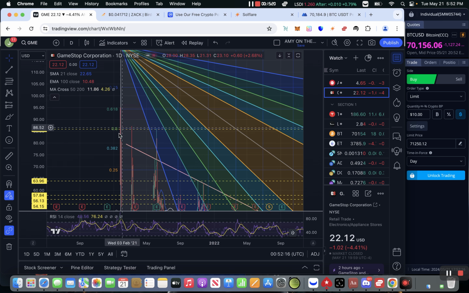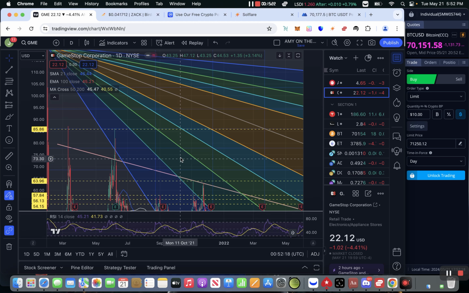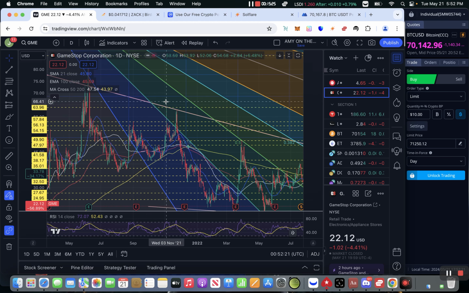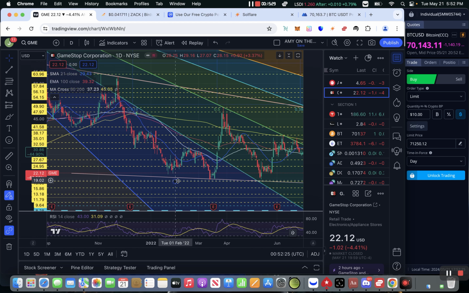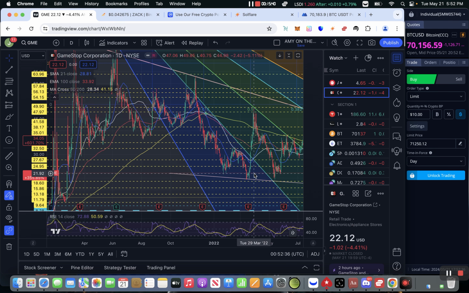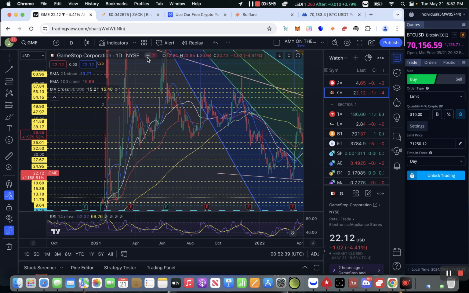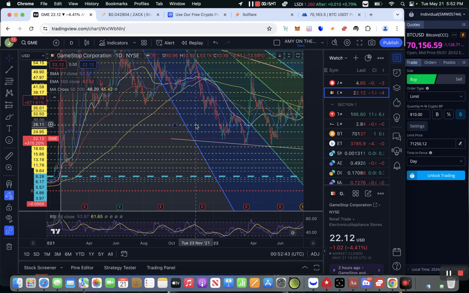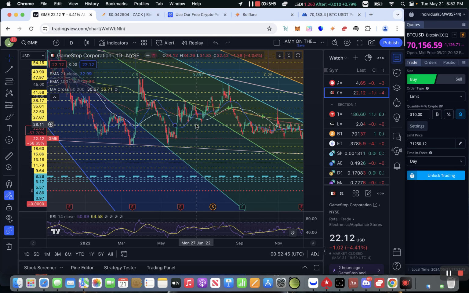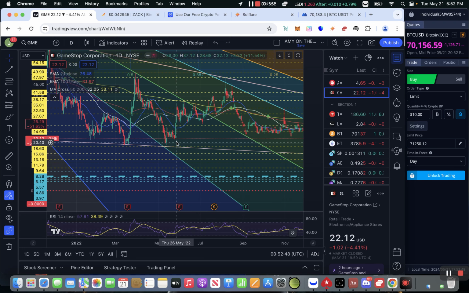Not like AMC is, but the only reason I did one on GameStop is because I wanted to see how it would look, and the only spot where I started is here, right here at point 0.5, and then it starts getting rejected, support right here, rejected right here, support right here. That's where it almost fits. Most of it doesn't really fit too much, but you can start seeing spots where it does fit.